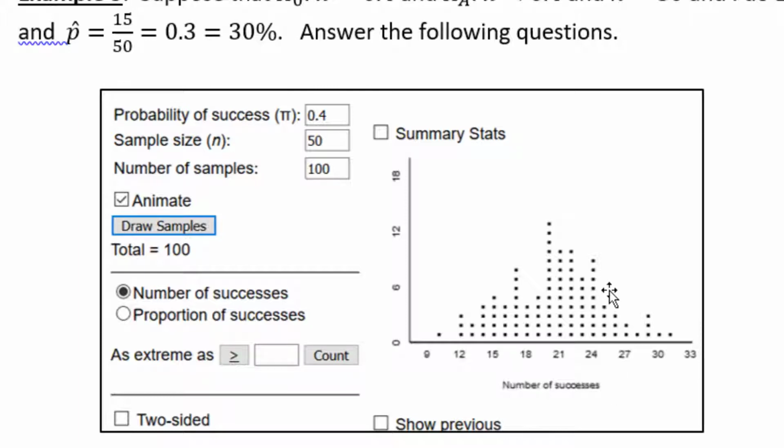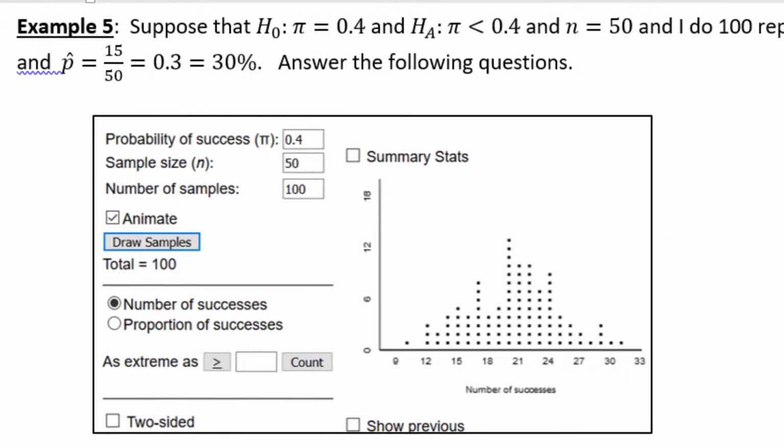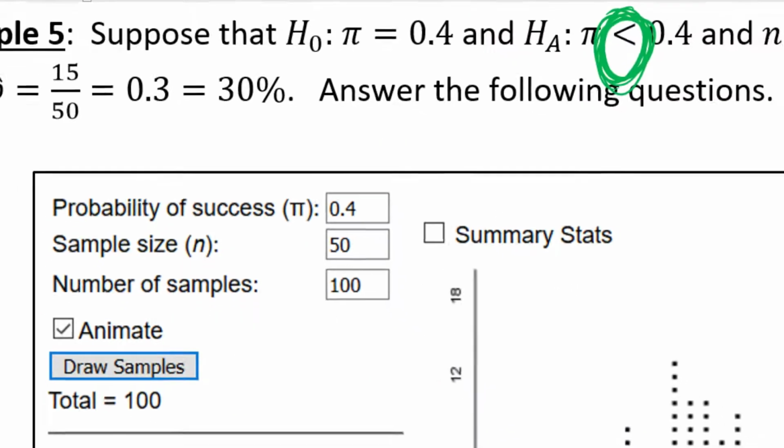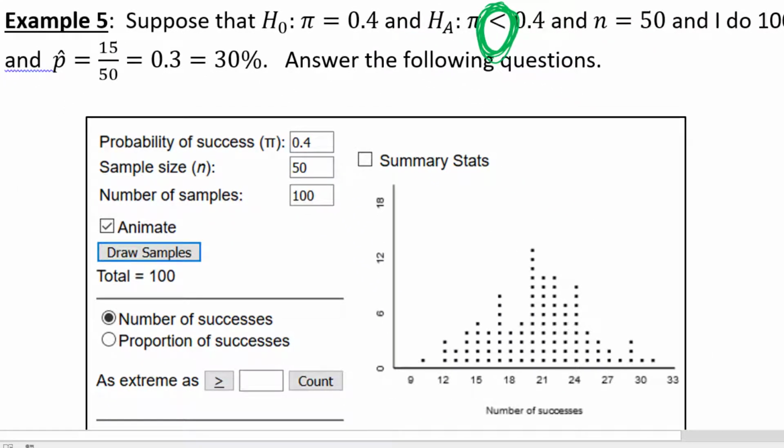So, in this situation, our alternative hypothesis is pi is less than 0.4. We need to count sample statistics, the dots in the distribution, that are like our sample statistic or less. Because the alternative hypothesis says pi is less than 0.4, we will count sample statistics that are like ours or less. So I go to my distribution.